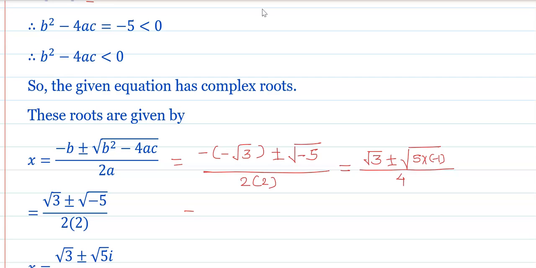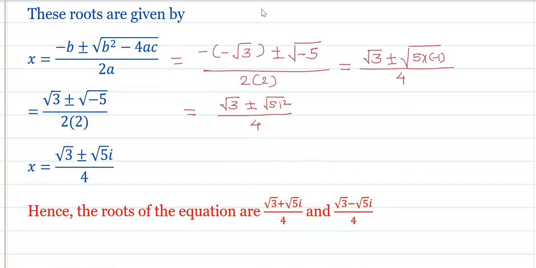Okay. And therefore, here is root 3 plus or minus. Again, minus 1 means what? i square. Therefore, we will get here root of 5 into i square and this divided by 4. Okay.